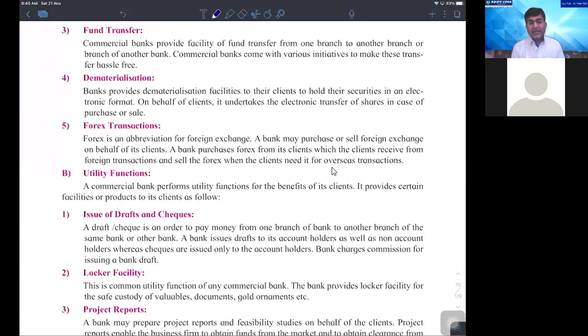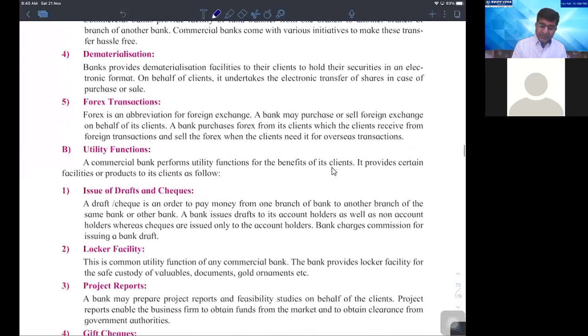Of course, there are banks who have exclusive departments for this, wherein they maintain the securities in the dematerialized form for you. See, in our country, there are primarily two depositories, CDSL and NSDL: Central Depository Services Limited and National Securities Depository Limited.